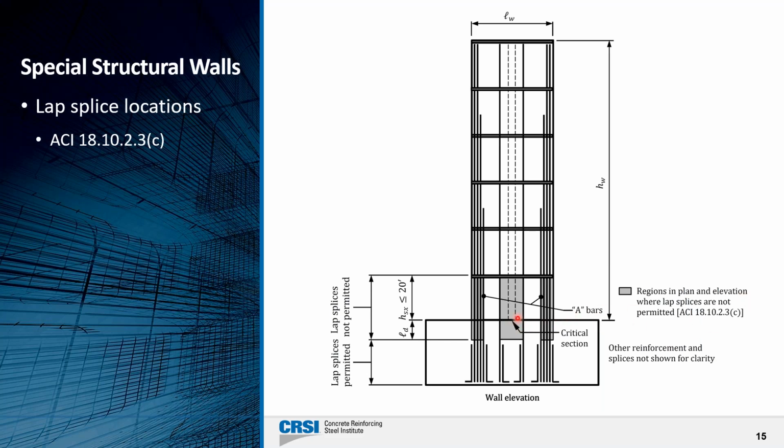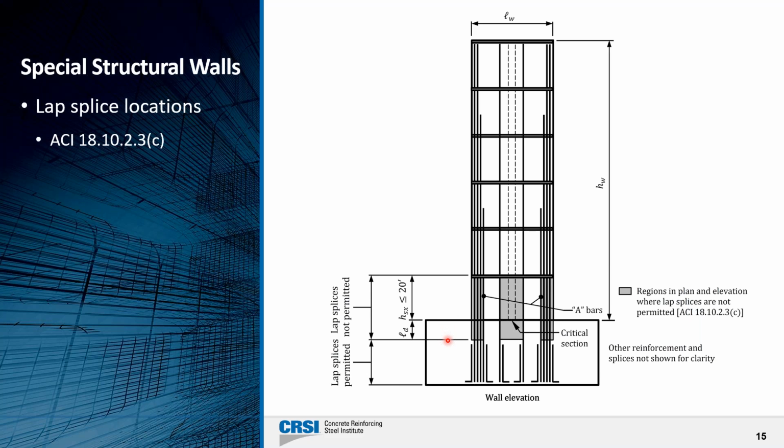What the code tells us is that lap splices in elevation of the wall are not permitted in the first story height, H sub x, but not more than 20 feet above that critical section. So lap splices are not permitted in that region, nor are they permitted within a tension development length of L sub D into the foundation.